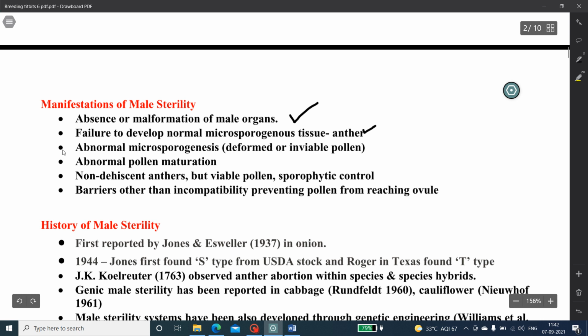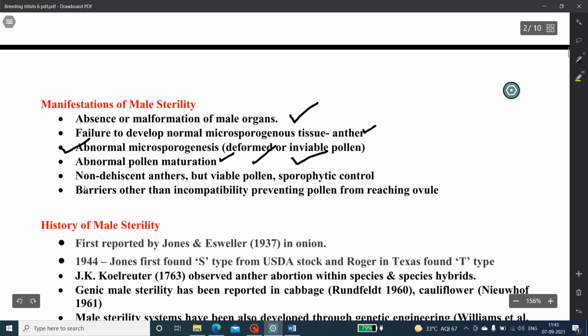The third one is abnormal microsporogenesis, which will give either deformed or inviable pollen, with abnormal development and maturation of pollen grains.